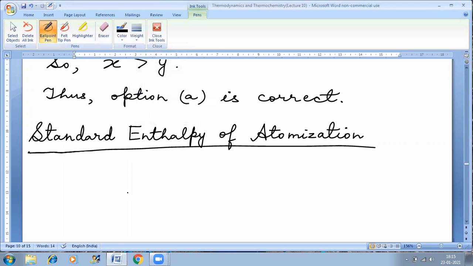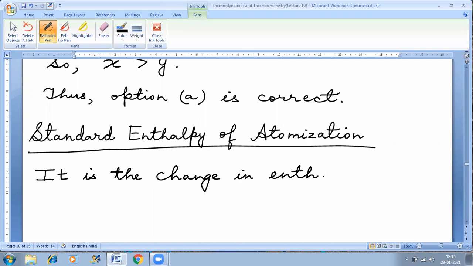What does this mean? It is the change in enthalpy, the symbol is delta H E naught.